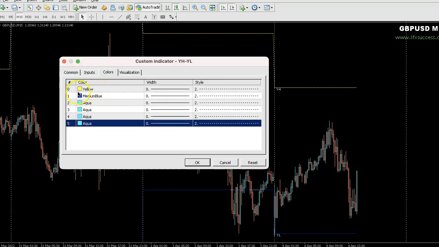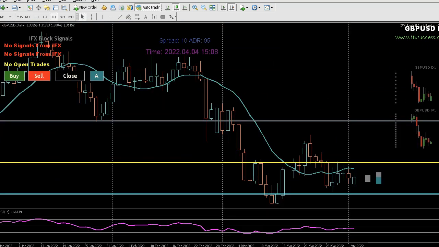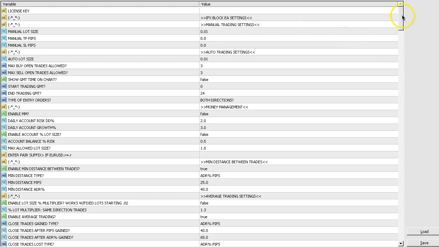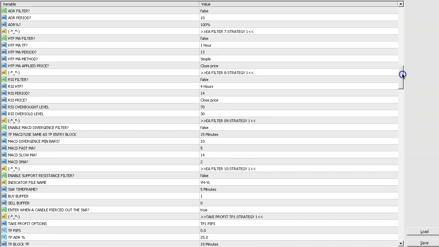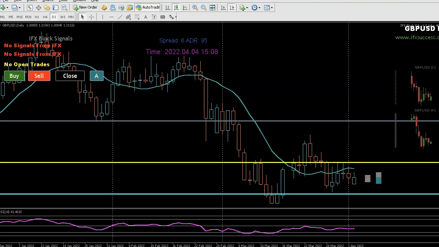The sell buffer is 0 and my buy buffer is 1. Okay, so 0 to sell and 1 to buy. Very simple. That is pretty much how it's going to work.